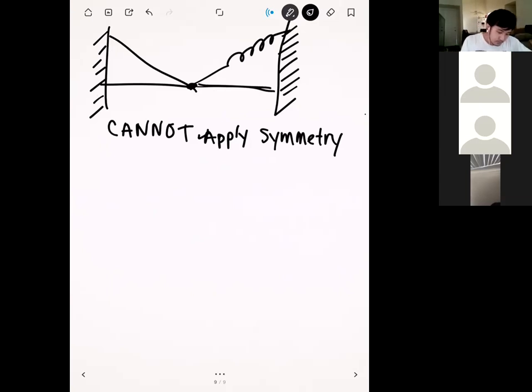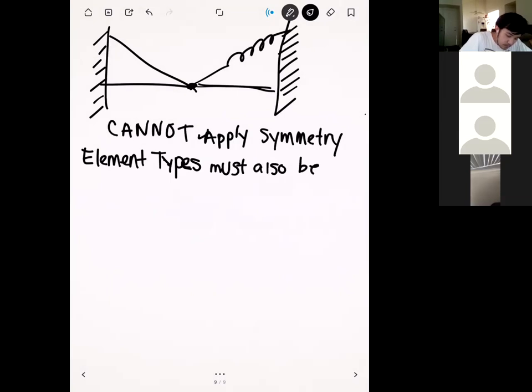Okay. And so that's one thing. Yes. Yeah, so if you do want to apply symmetry on this, there would have to be a spring on the left-hand side as well.